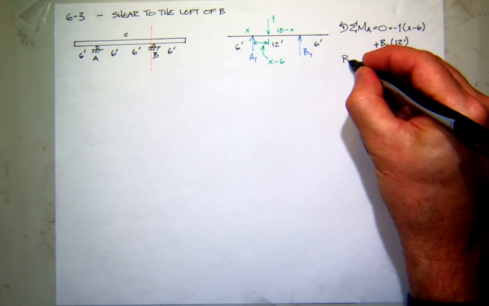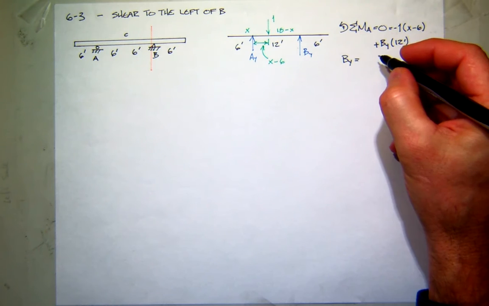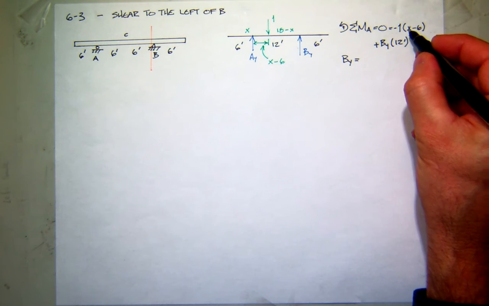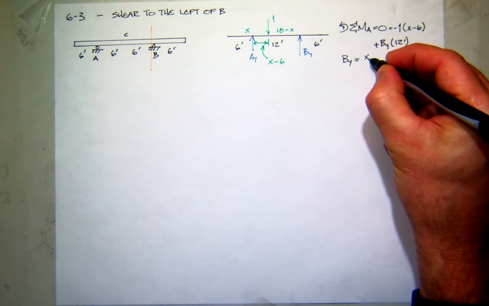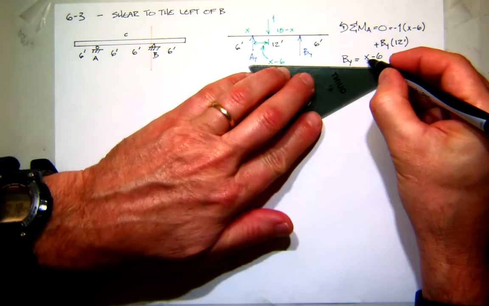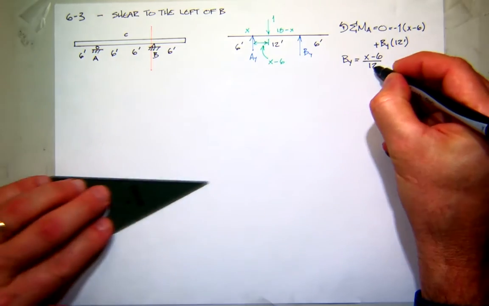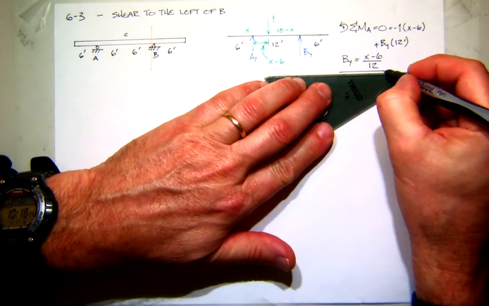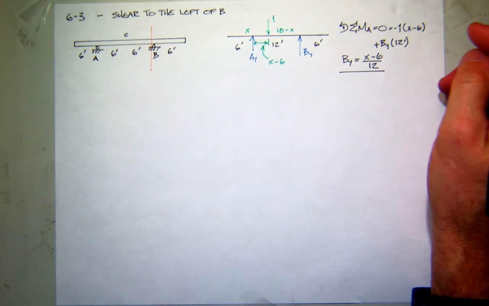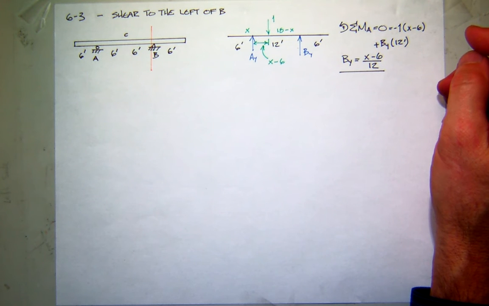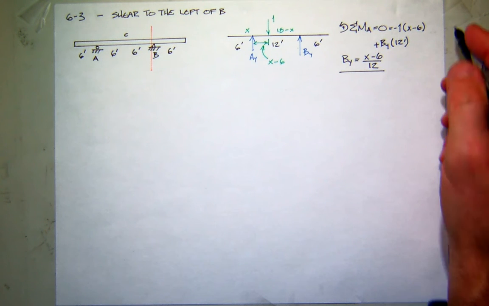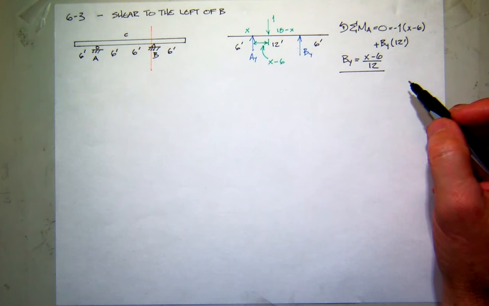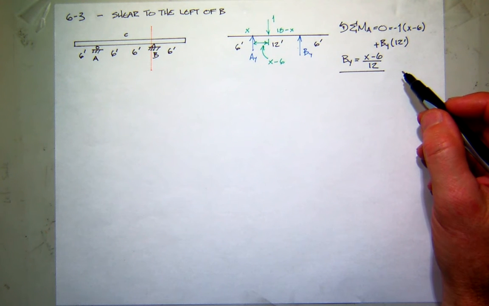So that means that BY is going to be x minus 6 divided by 12. Okay? That's not using the Mueller-Breslau principle. We'll do that one in a second. But let's just say we're doing it this way.